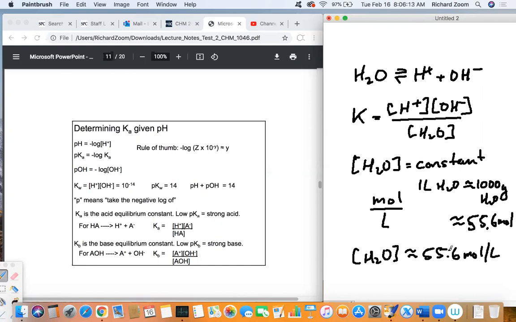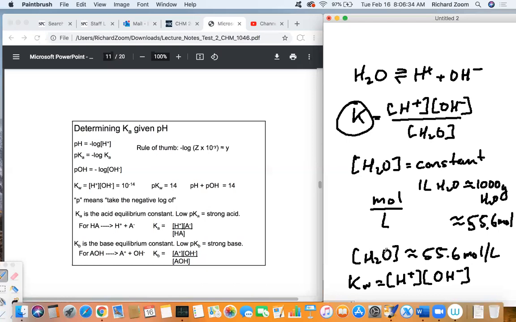So as such, it's tied into the K value, which is also a constant value. So we end up with this constant called Kw, which ties the water up within that constant. And we end up getting H plus times OH minus. So that's what Kw is.